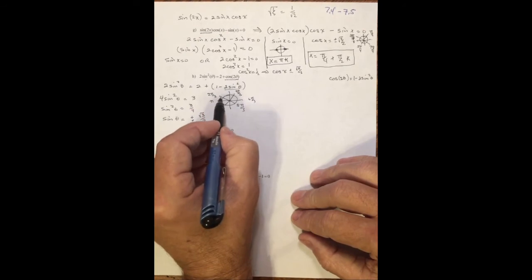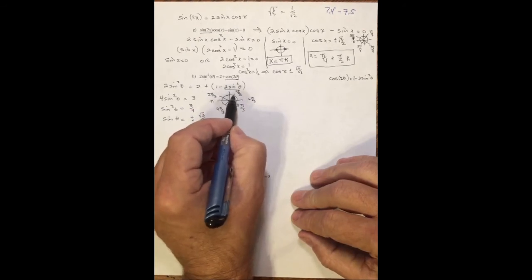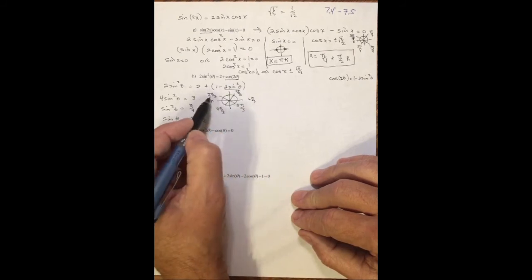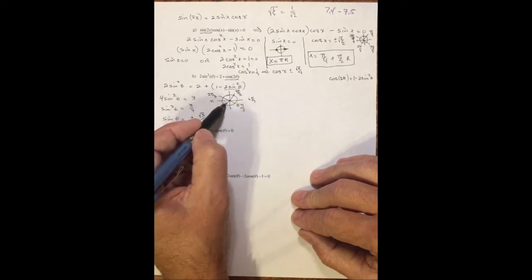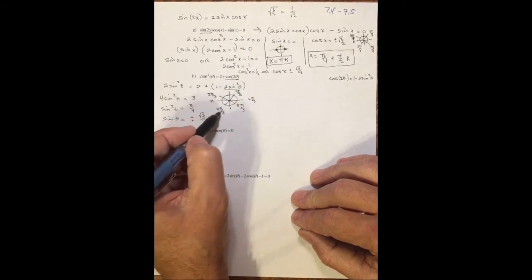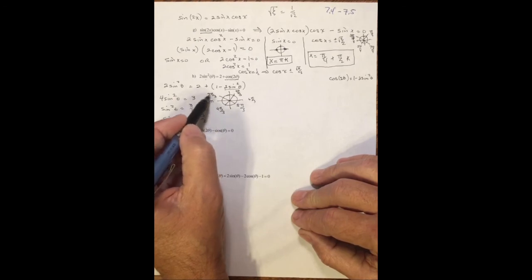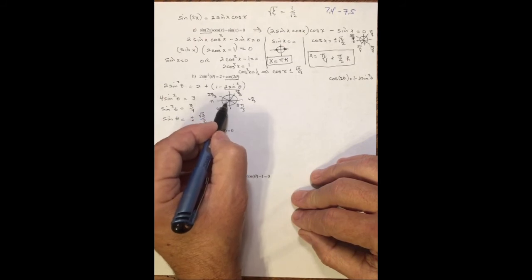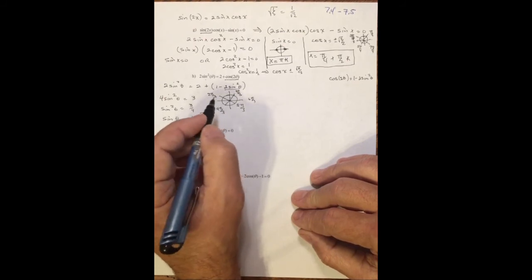So let's just look. We have 2 pi over 3 and pi over 3. That's a difference of pi over 3. If we take the interval here, it's 4 pi over 3 minus 2 pi over 3, which is 2 pi over 3. It's not the same interval each time, is it? So here's what we're going to do.